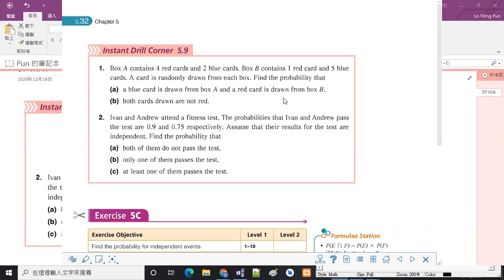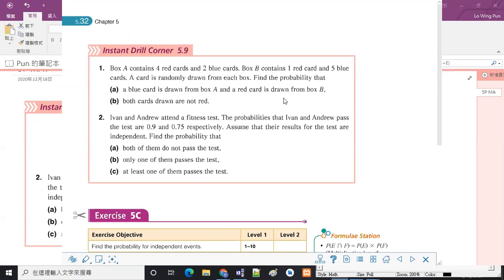So in the instant drill corner 5.9, where we stopped yesterday, question number 1 is the type that you need to count: count the total number of possible outcomes and then the number of outcomes that satisfy the requirements.